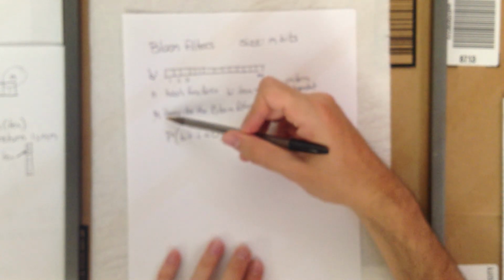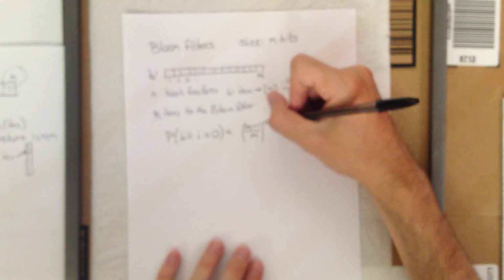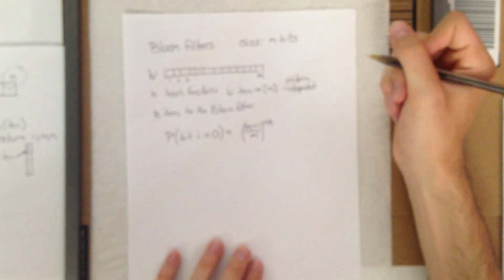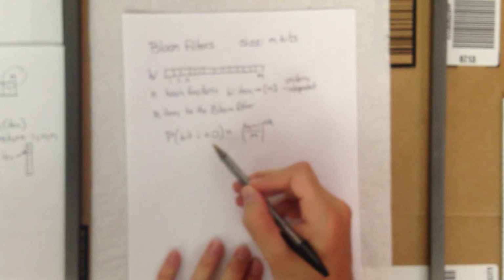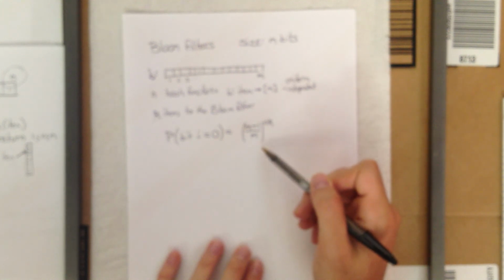And since we're inserting k items, this process happens k times, and so we raise the whole thing to the k power to get the probability that the ith bit is still 0, even after adding k items to the Bloom filter.